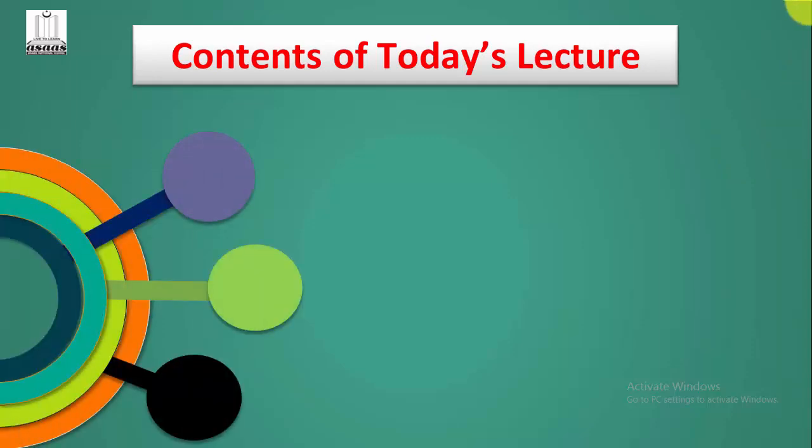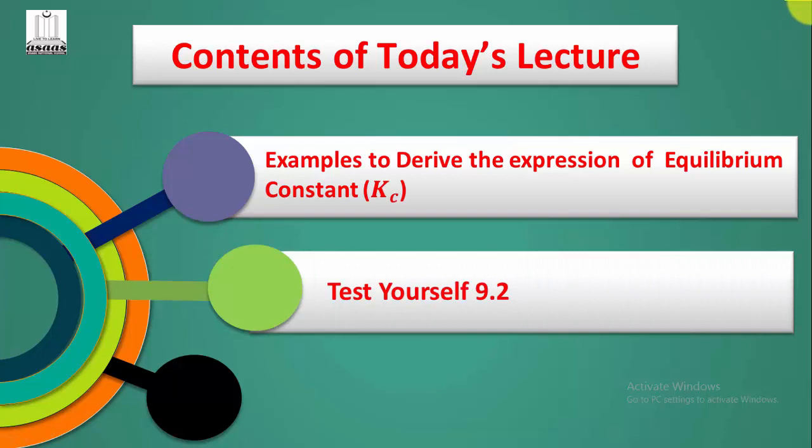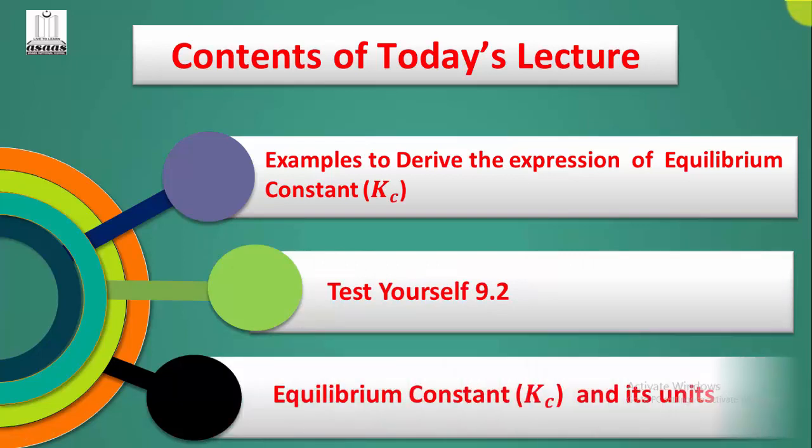In today's lecture, we will derive the expression of equilibrium constant Kc from a few examples as written in our textbook. We will solve Test Yourself 9.2, and in the last, we will discuss the equilibrium constant and its unit.